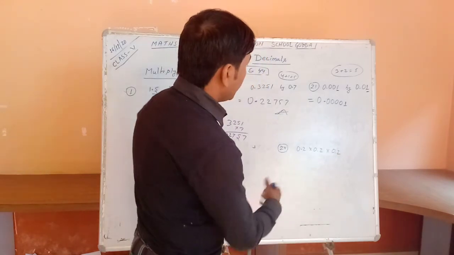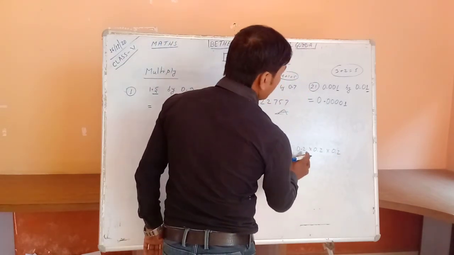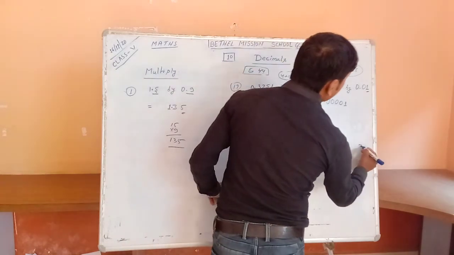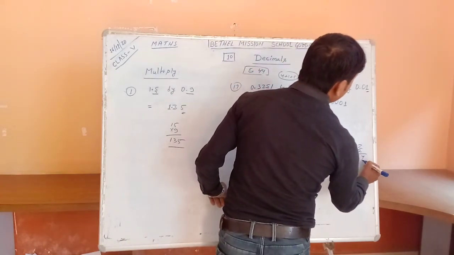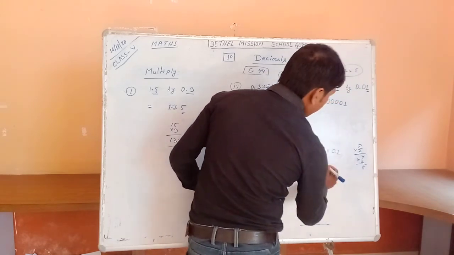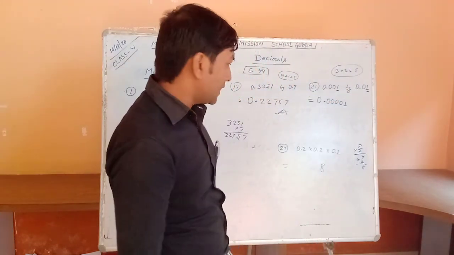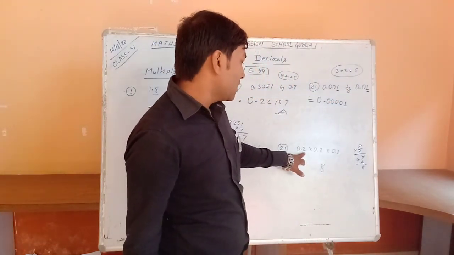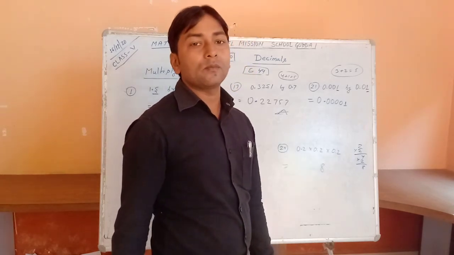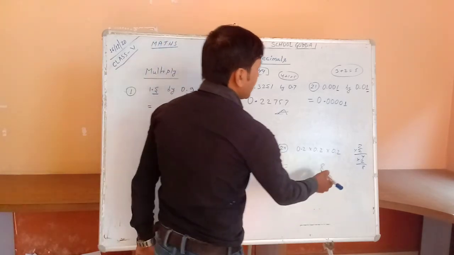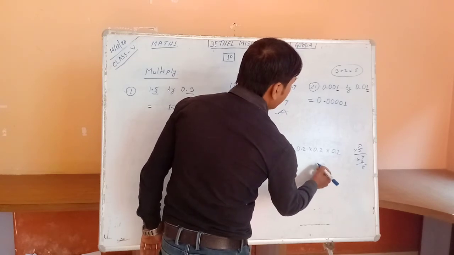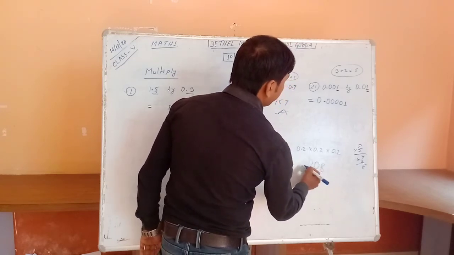Okay, and again here multiply 2 into 2 into 2. 2 into 2, 4 and 8, again 2, 8. It means 8. And put decimal after how many digits? 1, 2, 3. 3 decimal places. So put decimal after 3 digits. So 1, 2, 3 here.